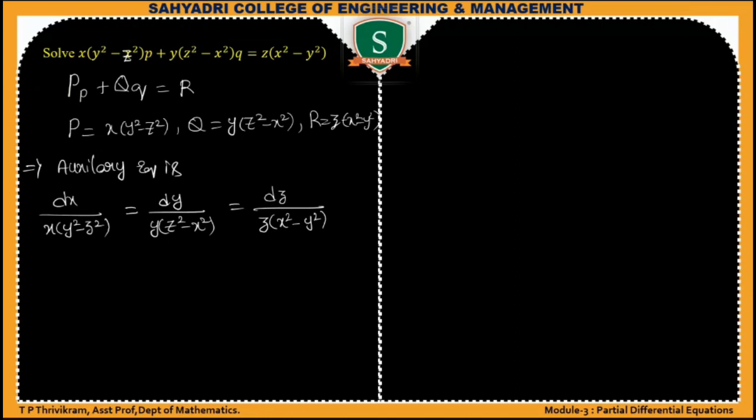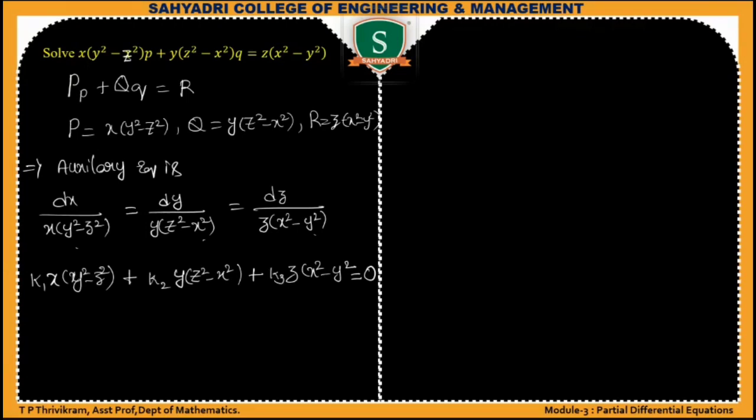Now we have to consider all the denominators and add them: x of (y square minus z square) plus y into (z square minus x square) plus z into (x square minus y square). We should make it 0 by using some multipliers, that will be k1, k2 and k3.